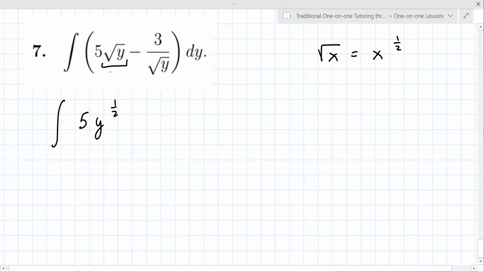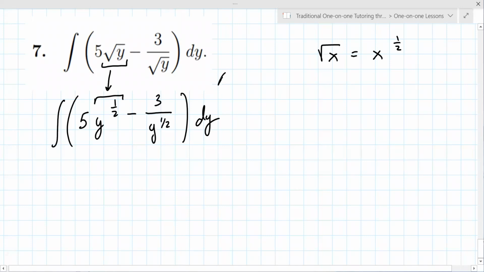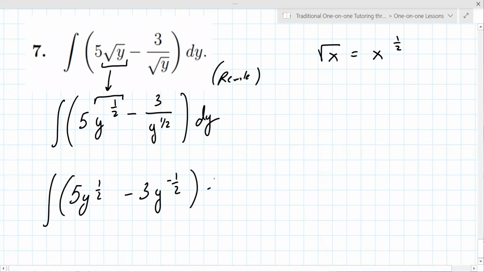This part becomes y to the 1/2 minus 3 over y to the 1/2 power. You follow that? Yes. Now we need to further rewrite: integral 5y to the 1/2 minus 3y to the minus 1/2, bringing it up just like we did in the previous problems.